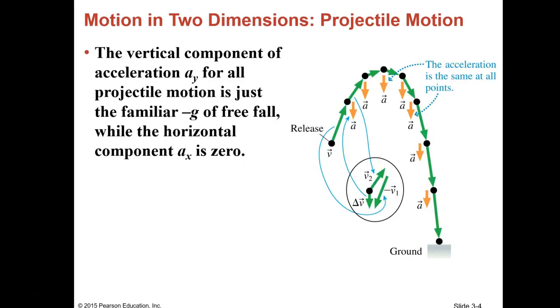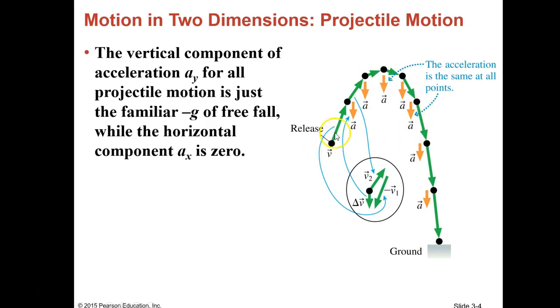Okay, so now if we look at the vector components of this, acceleration is always downward at the same rate, negative 9.81. However, the velocity vectors change as they go.